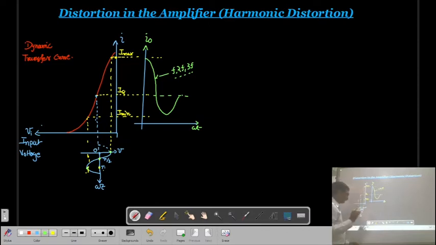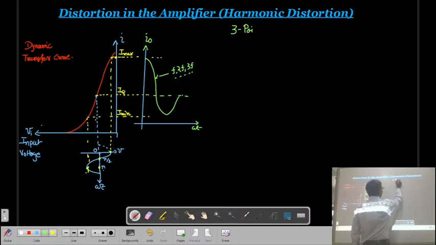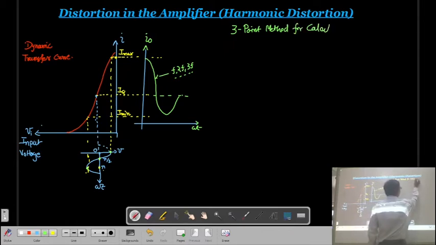So this method is known as the 3-point method for calculating distortion.